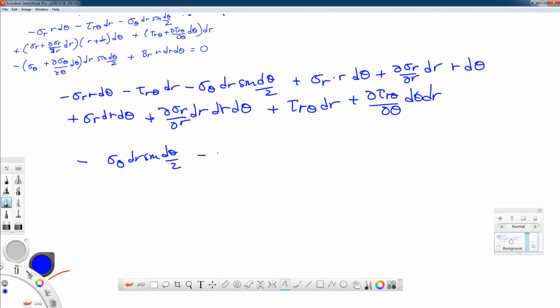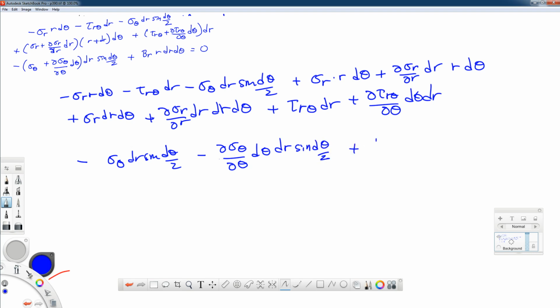We're going to have a minus partial of sigma theta with respect to theta d theta dr sine d theta over 2.